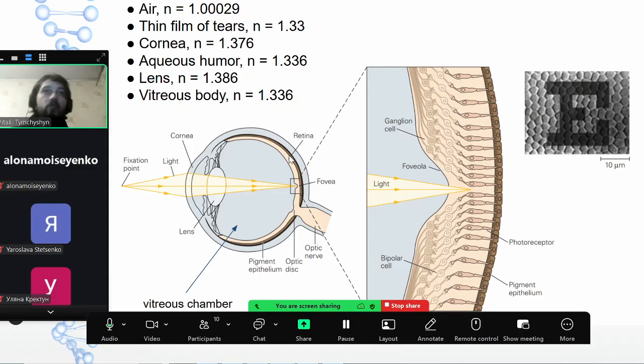And the reason may be that these cells that are detecting light want to contact the pigment epithelium. This is once again the case when you need to have a very large metabolic rate in certain cells. These are the photoreceptor cells, and they cannot handle that on their own.